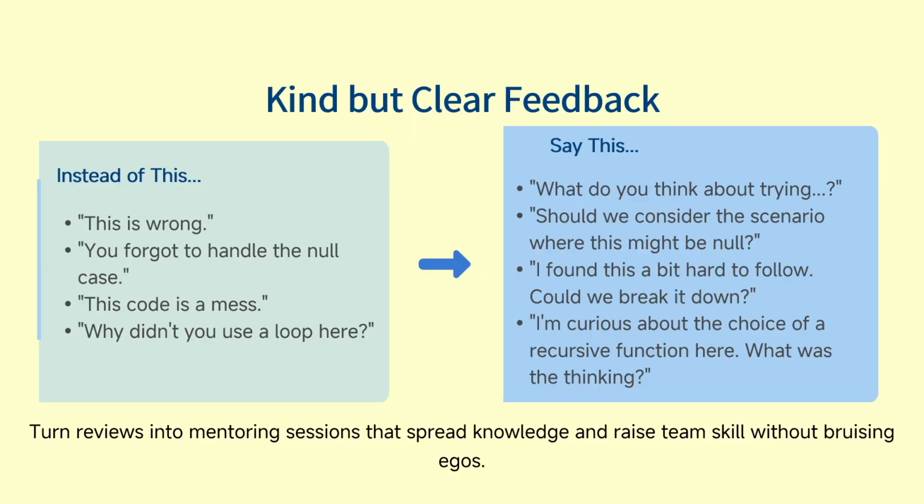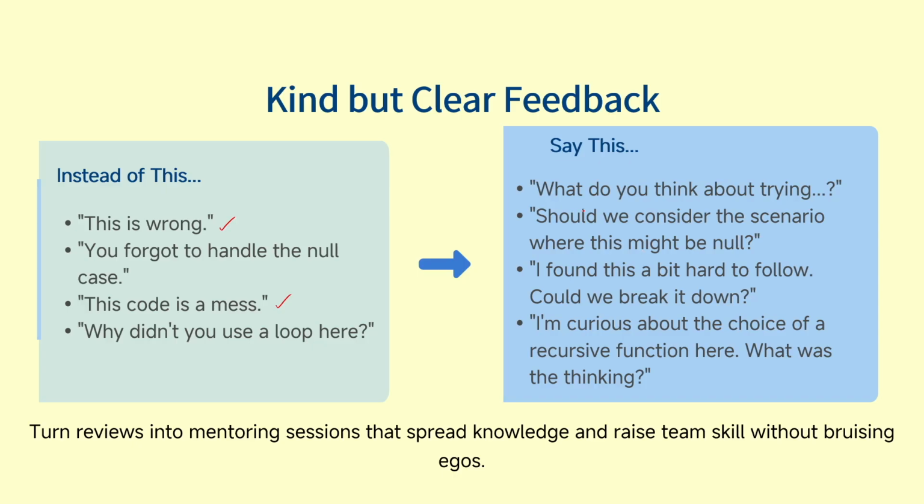So as a reviewer, the main intention is to provide some feedback. The feedback should be understandable, and it should not be like providing information on how to clear that. Okay, so instead of just saying this is wrong and you have forgotten to handle the null case or the code is a mess, you can try to give feedback something like this.